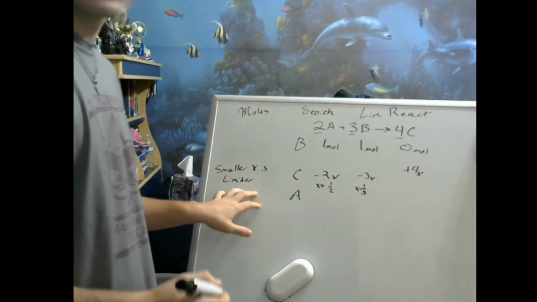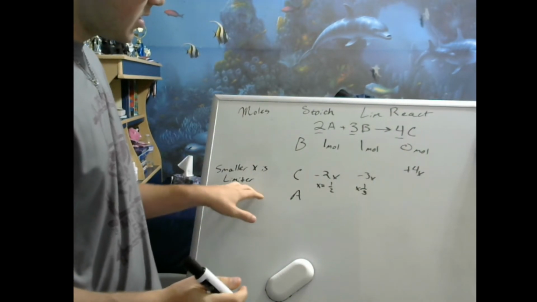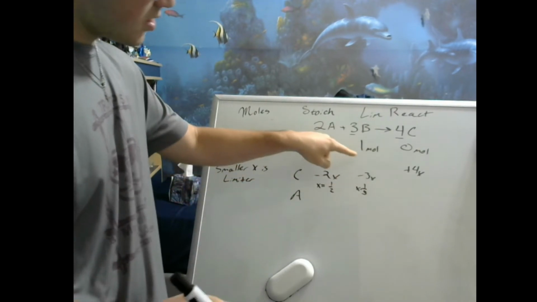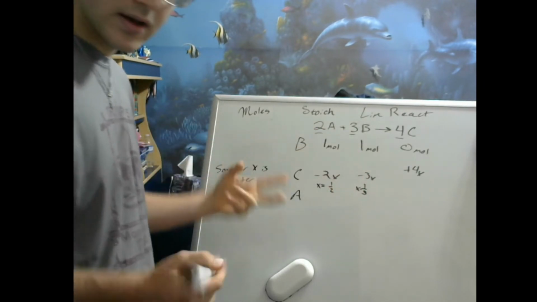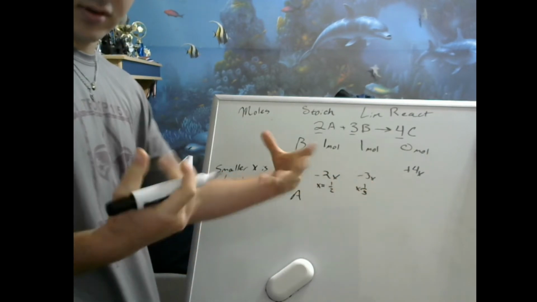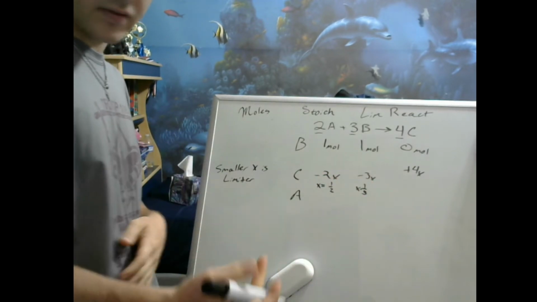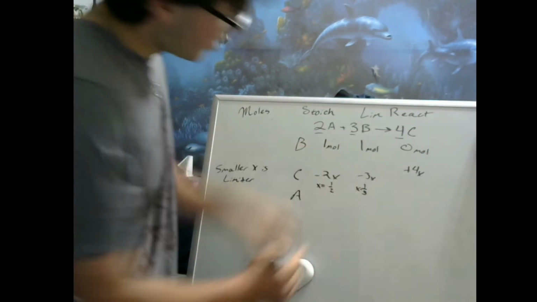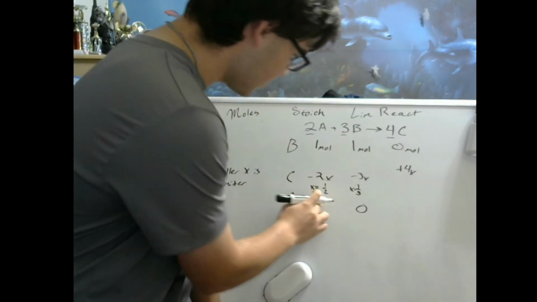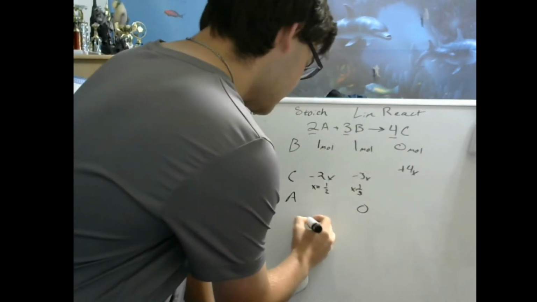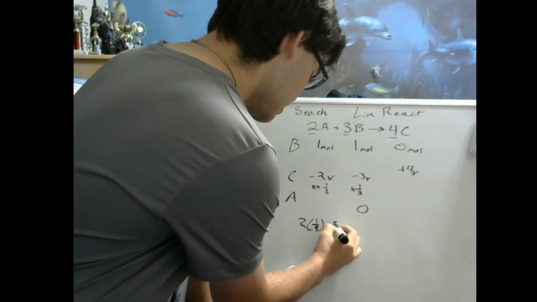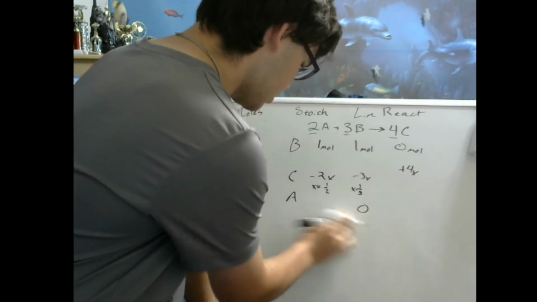So the smaller x is going to be the limiting reactant because if you do 1 minus 1/2 times 3, that'd be 1 minus 3/2, and that's 1 minus 1.5. You can't do that. You'd have a negative number. You can't have negative matter. That's terrifying. So you have to use the smaller one. So 1 minus 3 times 1/3 is 0. 1 minus 2 times 1/3 is 2/3.